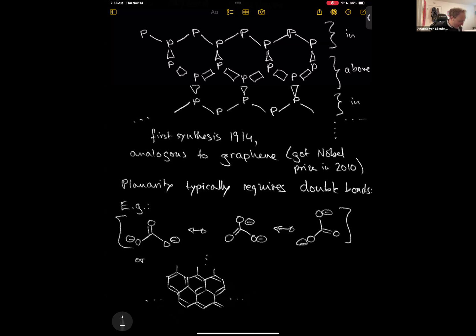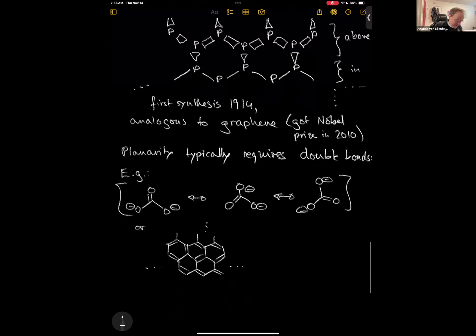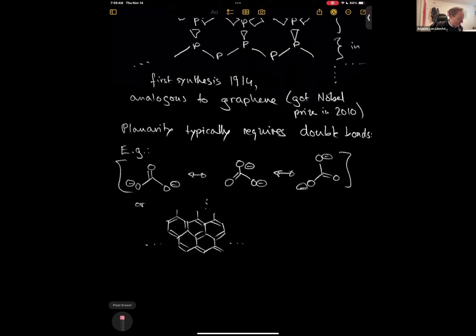So you can see how the covalent bonding can impose very specific geometries, and this is really one of the key hallmarks of covalent bonding, is the spatial arrangement, right?